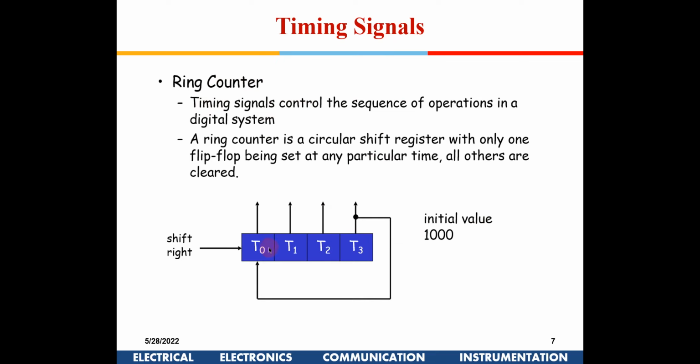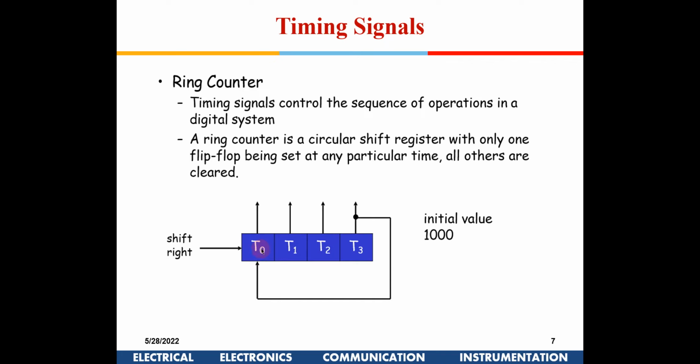If you see, this is just simple flip-flops put in series. You have a shift right operation. Initially suppose I give 0 0 0 1, or let us say 1 0 0 0, as the initial value.